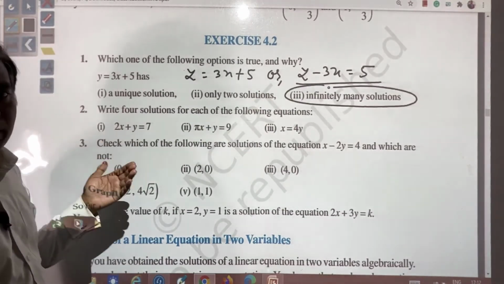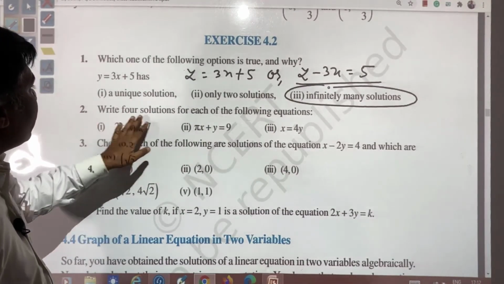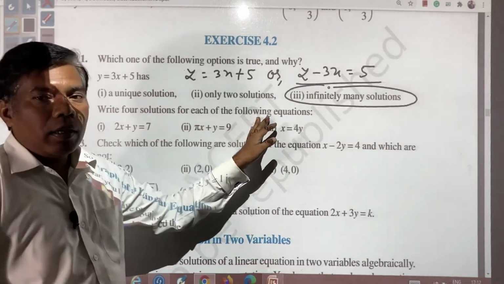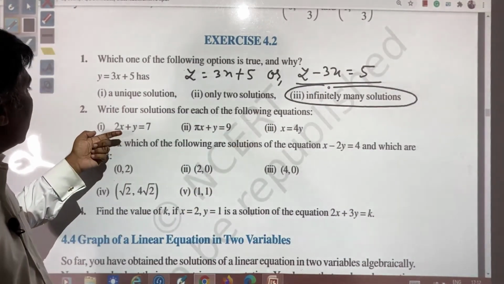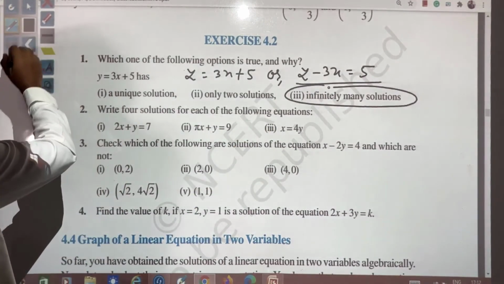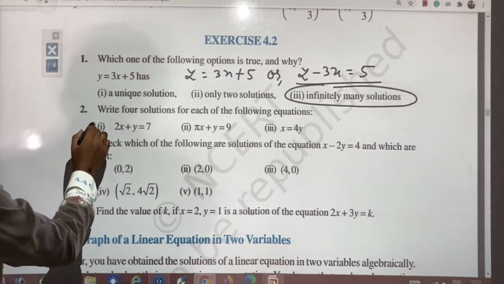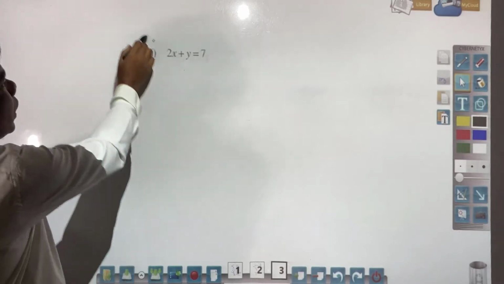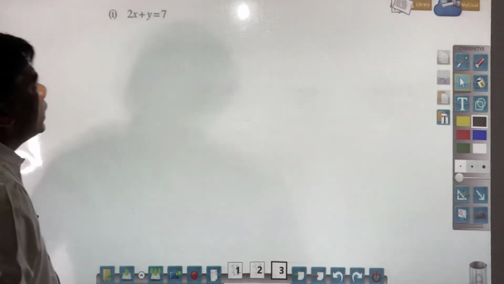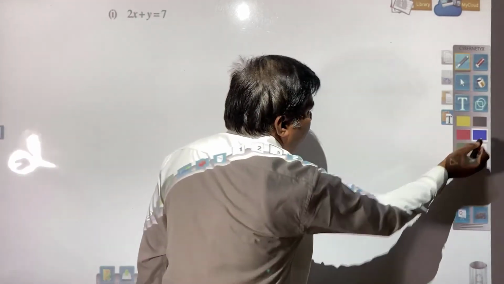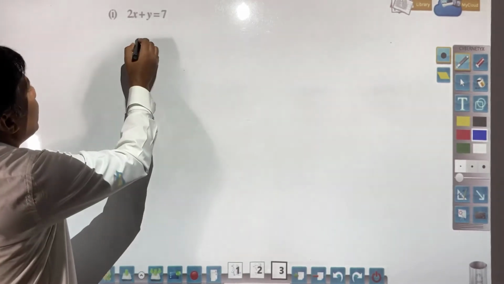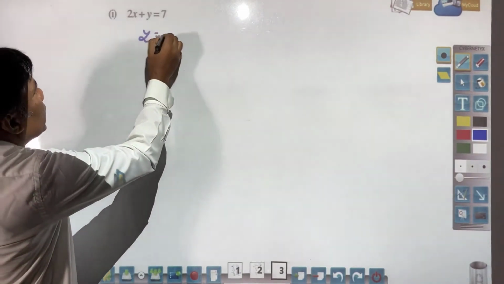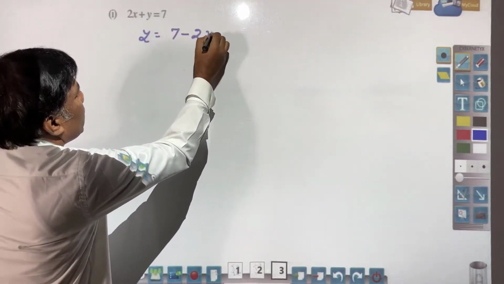Second question you have, write 4 solutions for each of the following equations. First question you have, 2x plus y is equal to 7. Just see, you can write y is equal to 7 minus 2x.